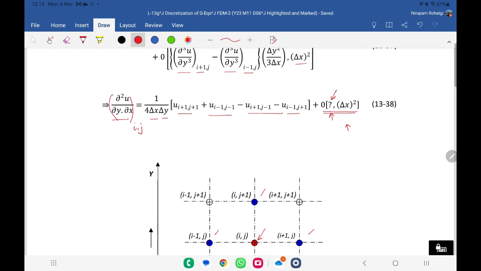In all cases we are leaving certain terms which are called truncation error, and the order of that term, the highest most significant term in the terms which we have left, that is the order of truncation error. This is what we are doing. And this was about the points which are inside, so that you can have left and right, top and bottom point.